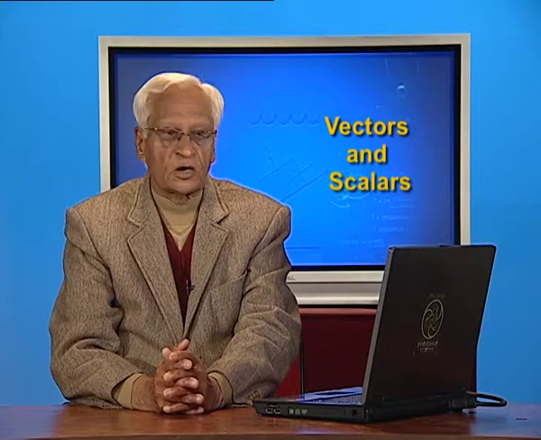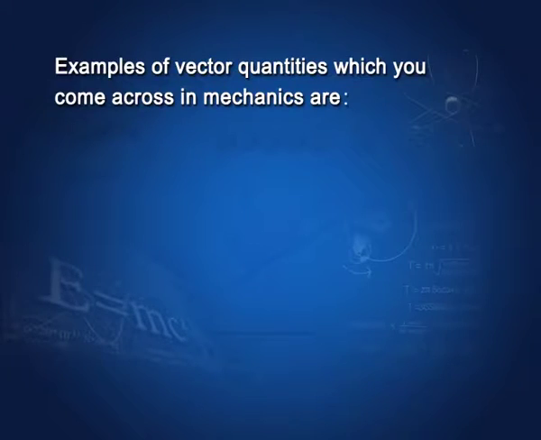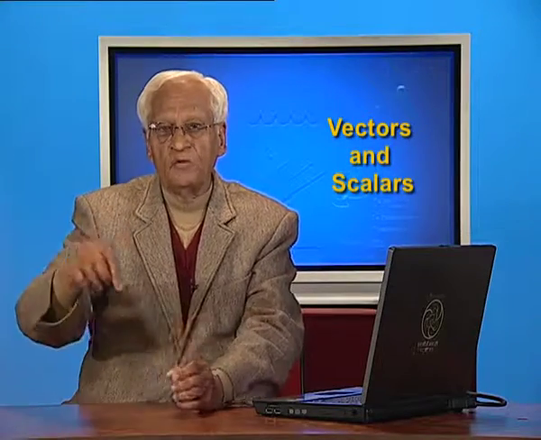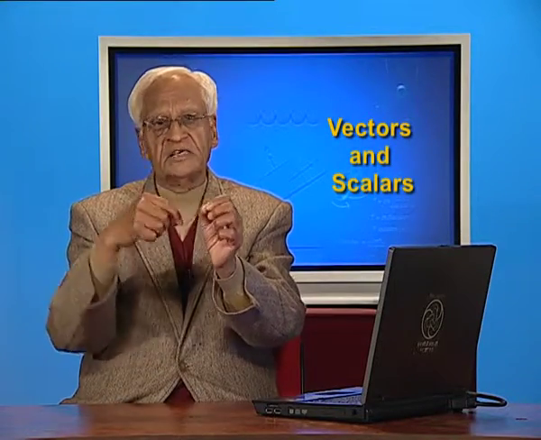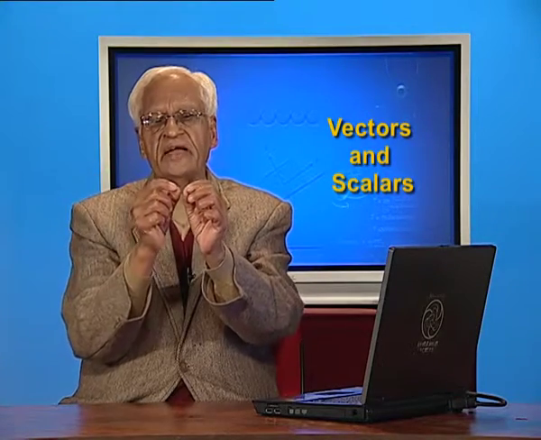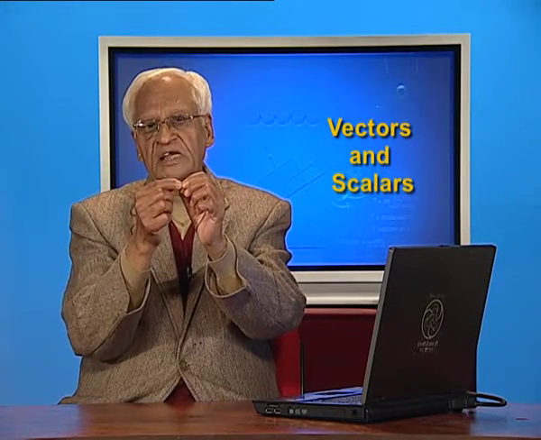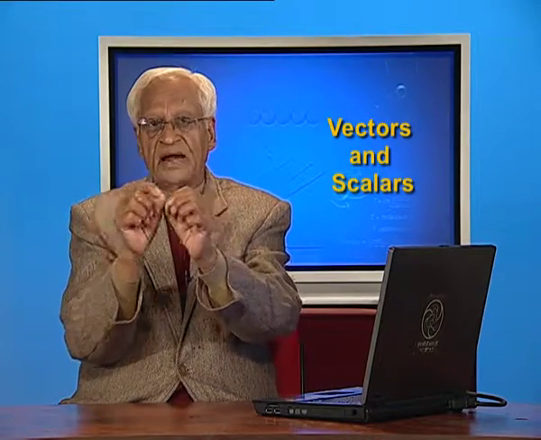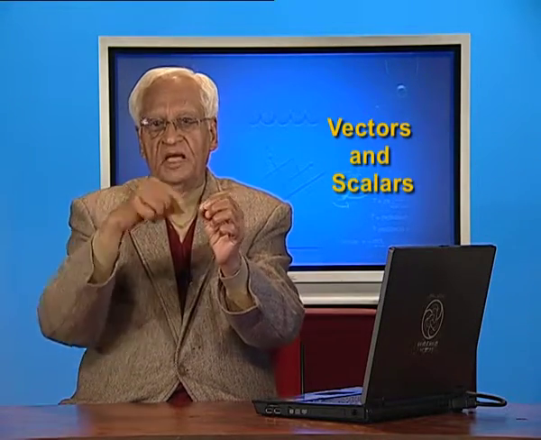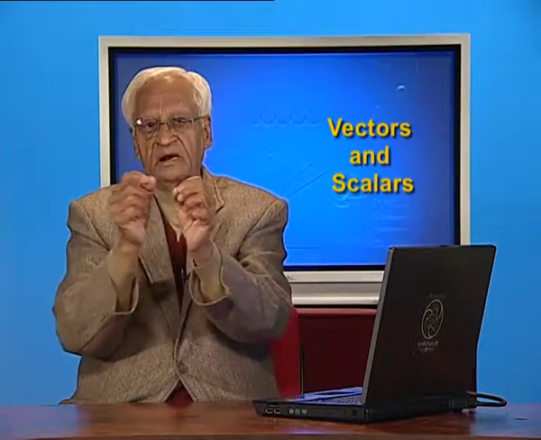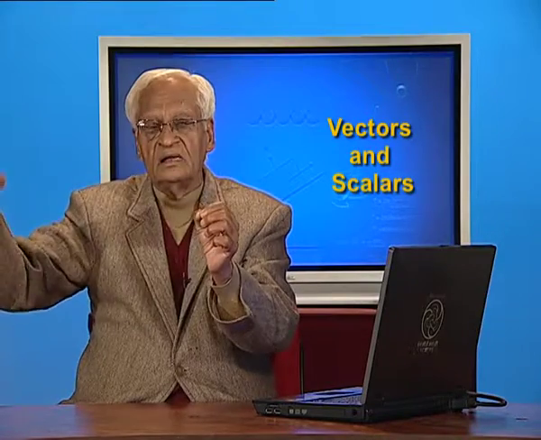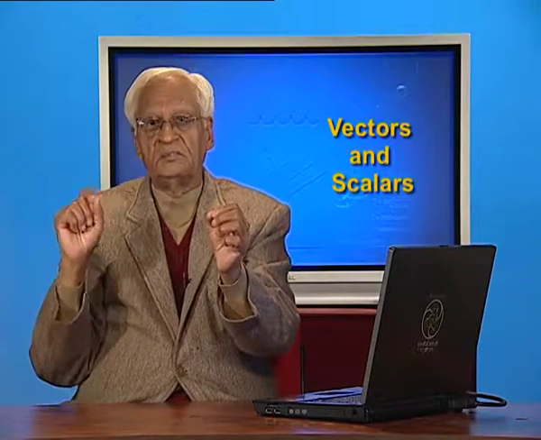Some examples of vector quantities which you come across in mechanics are displacement. You know, if you move from one point to the other irrespective of the path, if I take the difference between the position B and position A, that is called displacement. If I take account of the path taken between point A and point B and measure this length, that is the length of the path.